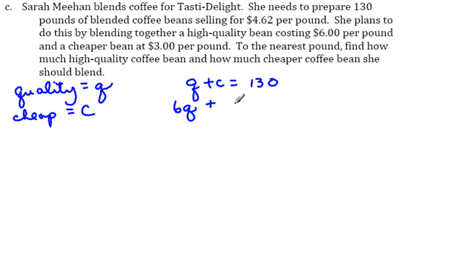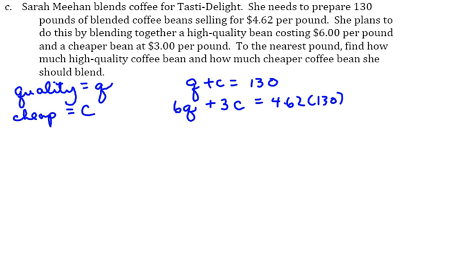My cheaper bean was $3 a pound, so that's 3C, equal to $4.62 times all of them, because once I've combined them, there'll be 130 pounds at $4.62 a pound. So those are my two equations.